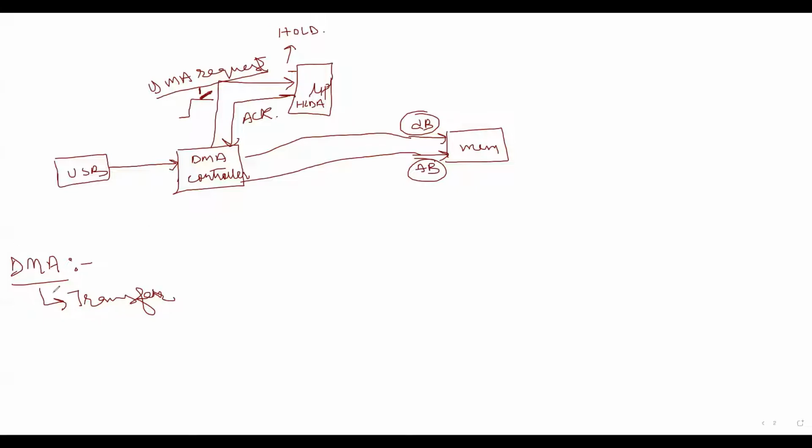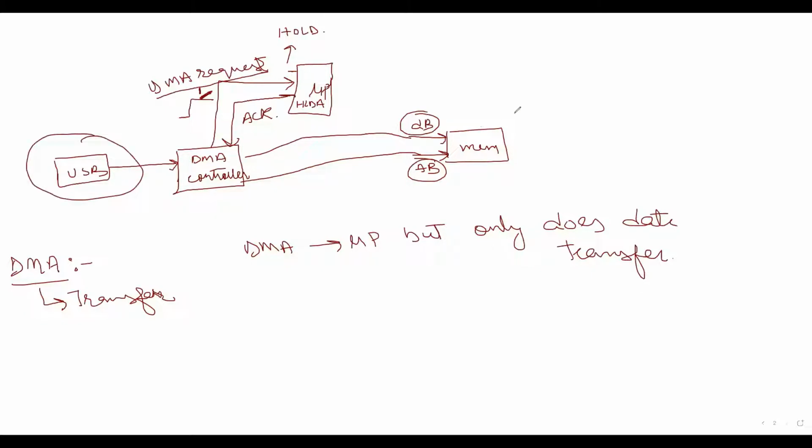The DMA controller manages data transfer between memory and a peripheral under its control.